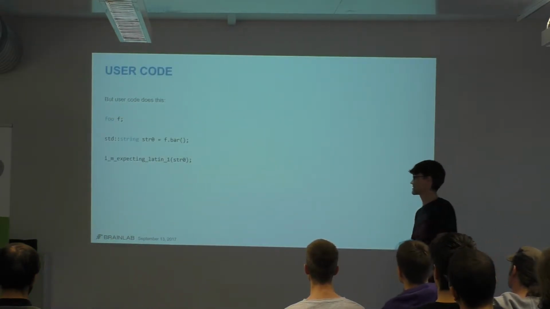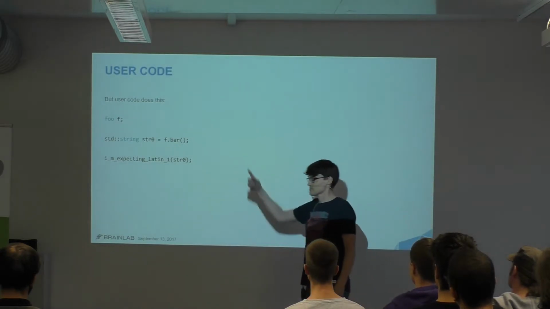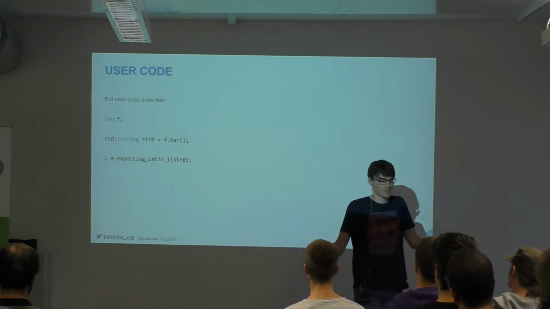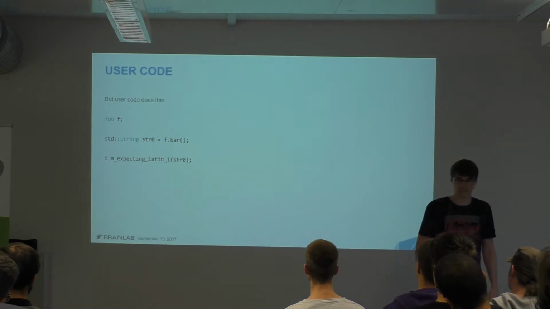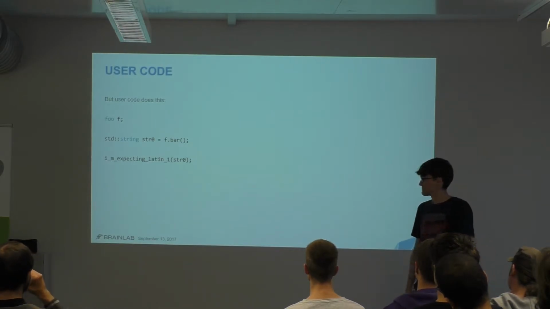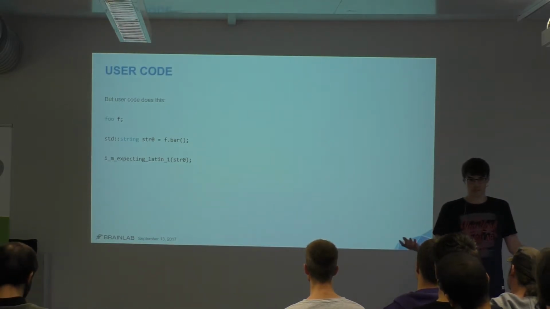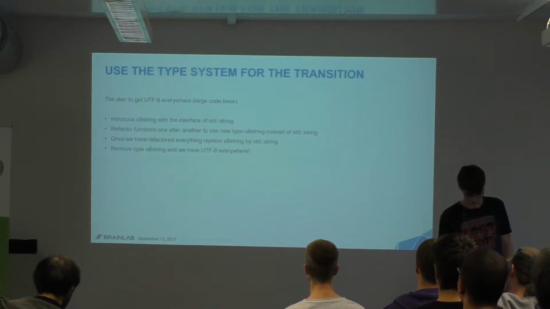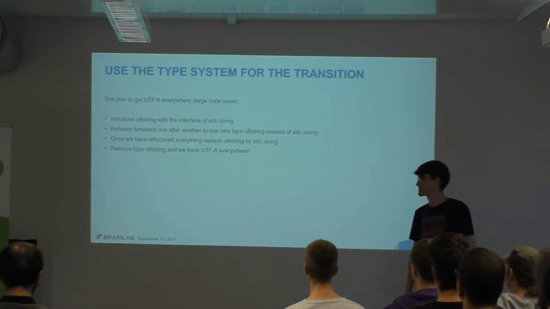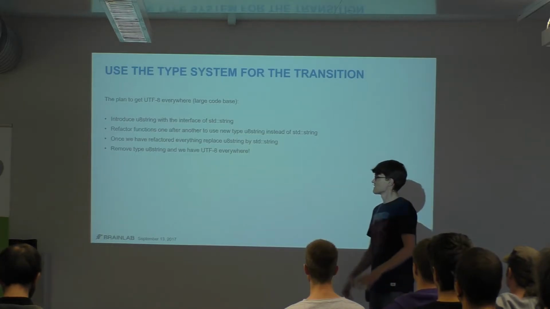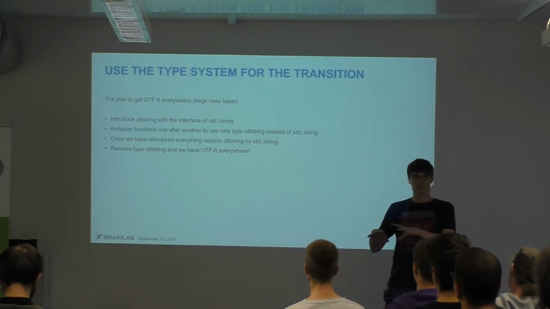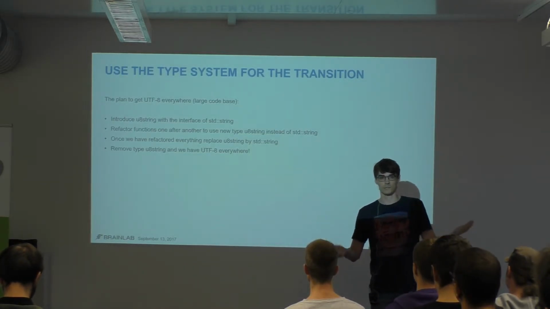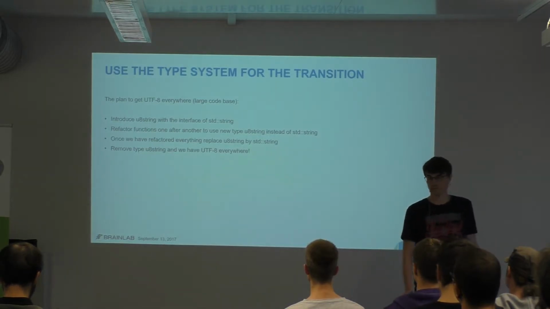The problem is our users still expect this to be Latin 1, so we can't just change our string to be UTF-8 from today to tomorrow. We're talking about large code bases here. So this is the plan for a large code base. Introduce a new class. Types, that's how in C++ we solve problems, right?